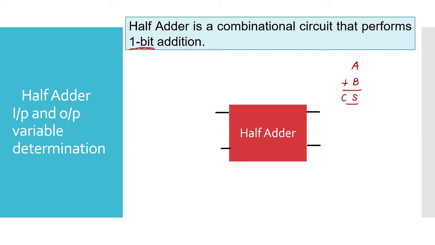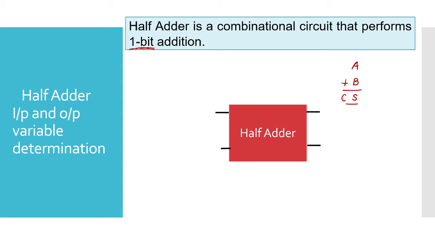That means one output you require to show the result, your sum, and another terminal you require to see the carry. So two terminals you require: one as sum and another as carry out.